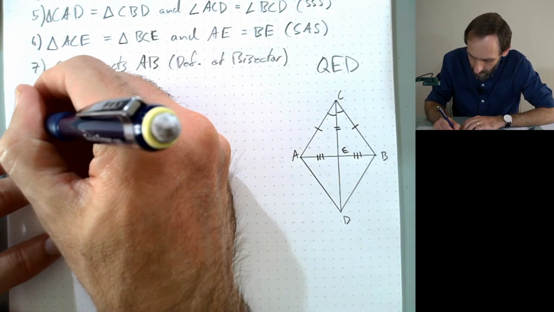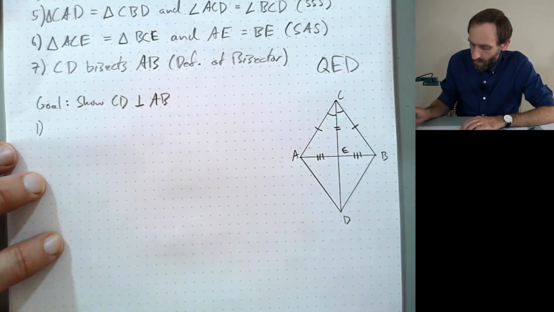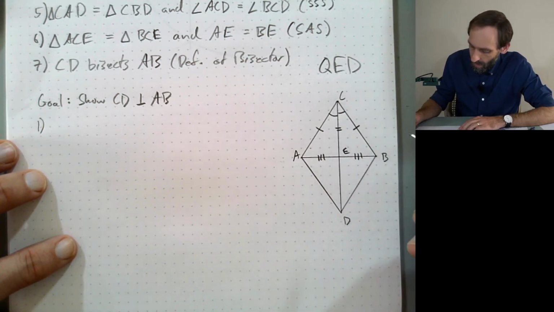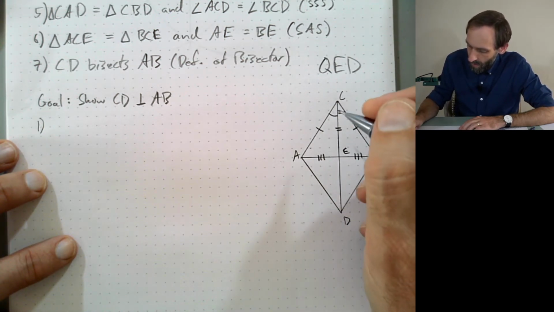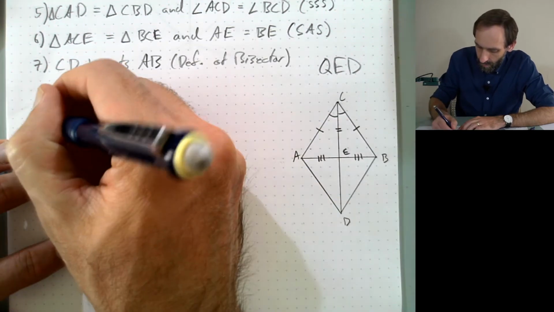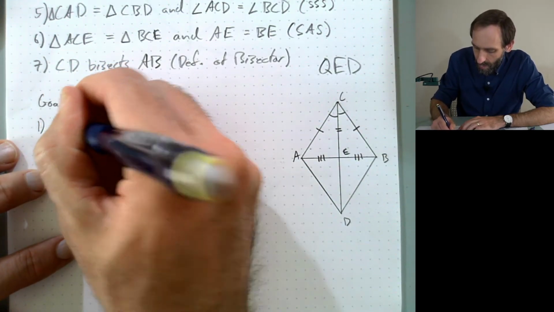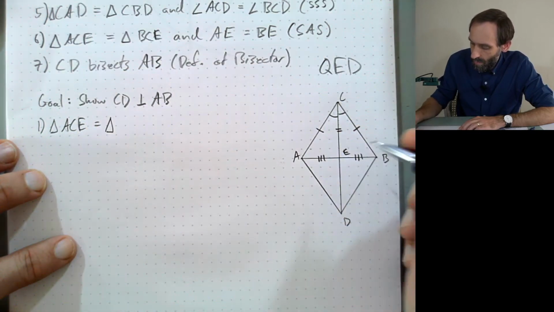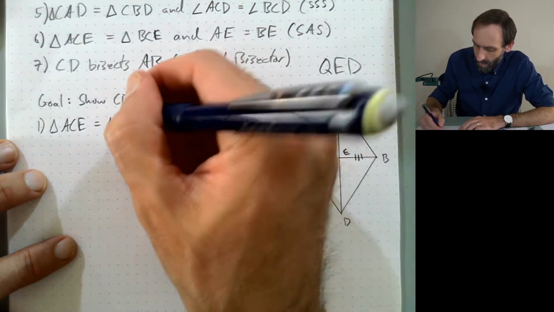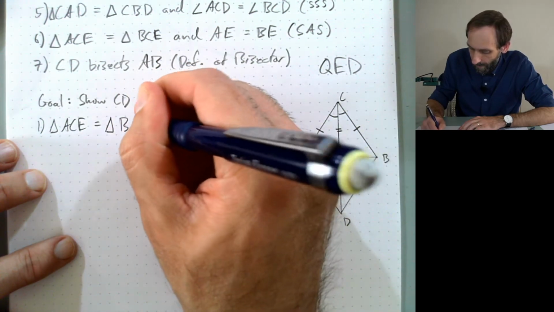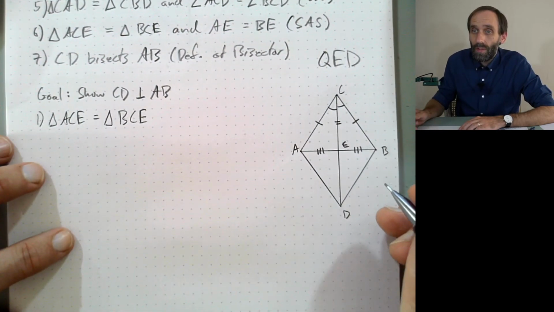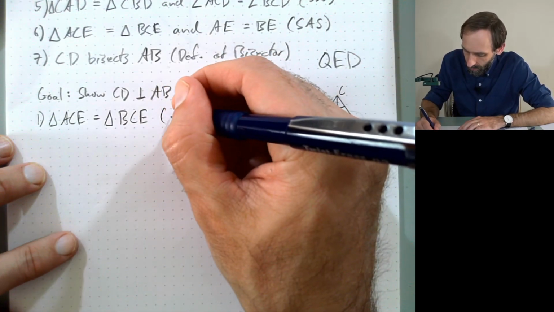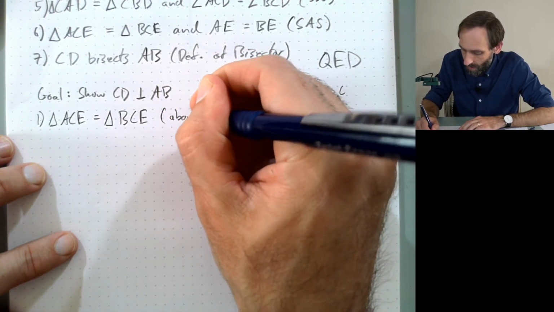So the secondary proof to prove that this is actually a right angle is going to start with that statement. So triangle ACE is equal to the triangle BCE. Okay, and this follows from the steps above.